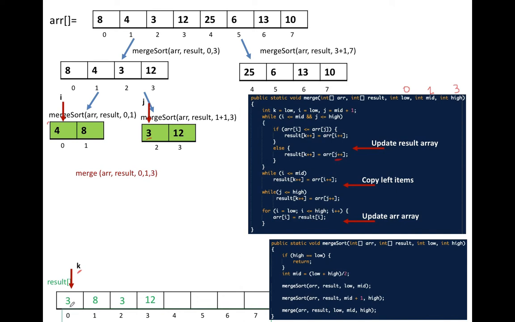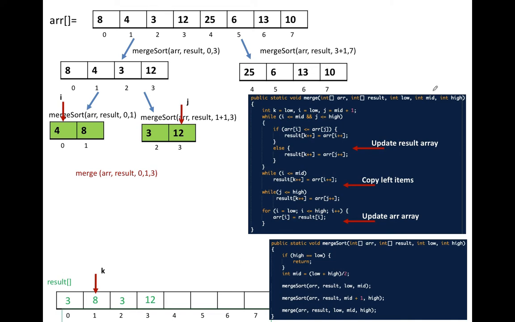So here we update the value as 3, and correspondingly we increment the value of k and increment the value of j. Now we again go back to this while loop and check that i is less than mid.